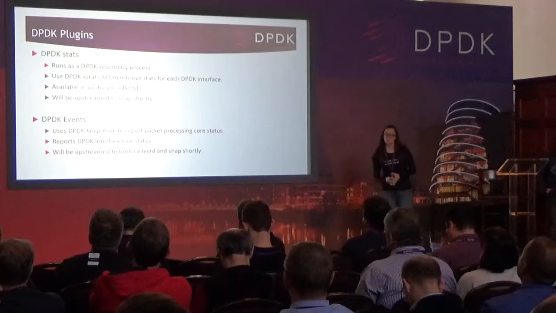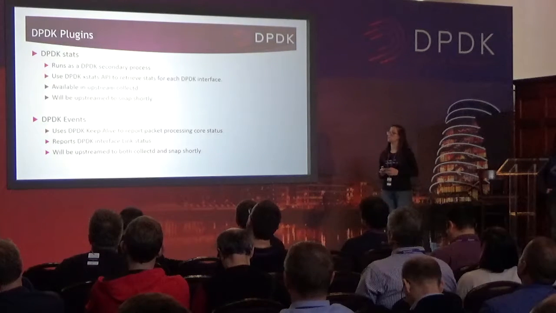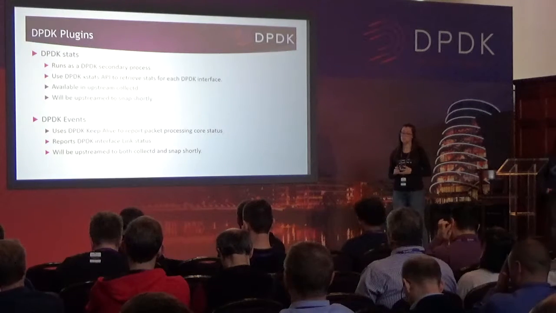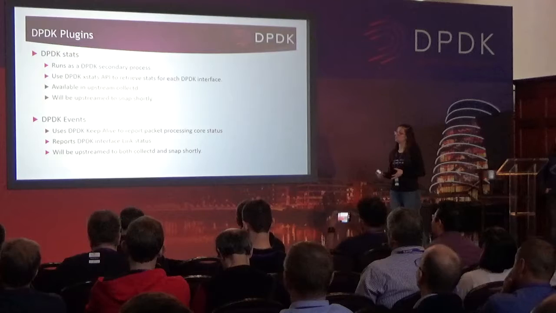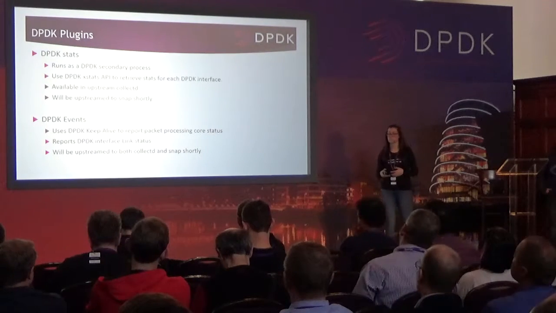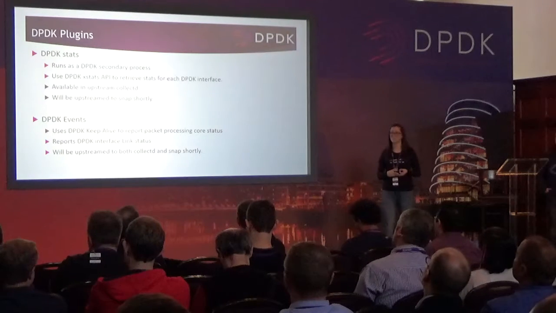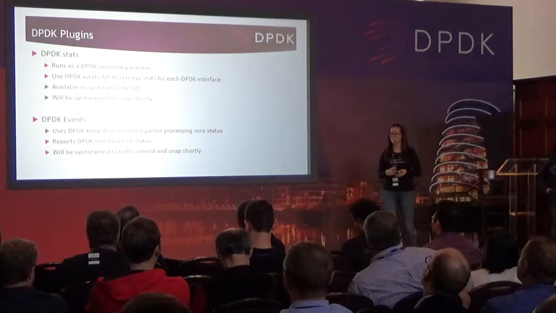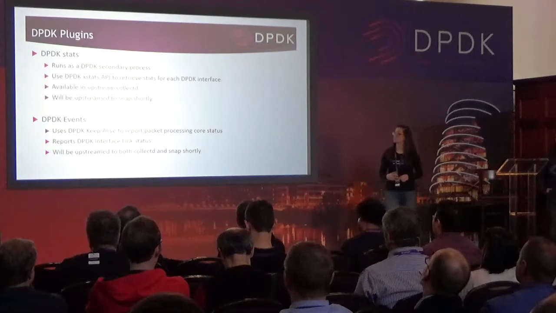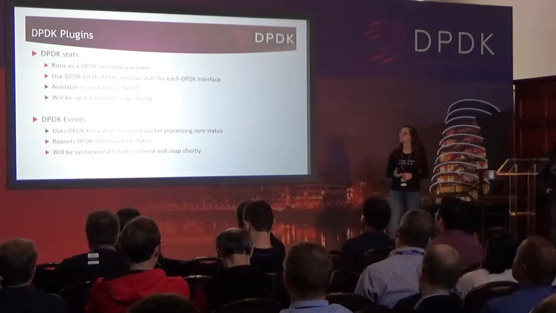So what we did was we developed a couple of plugins for DPDK. The first one leverages the xstats API. It's a DPDK stats plugin. It runs as a DPDK secondary process, and it's capable of retrieving statistics for the IGB, IXGBE, I40E and FM10K interfaces, or any other interfaces that support the xstats API.